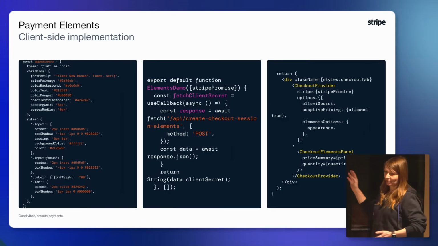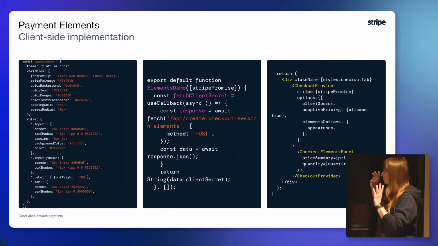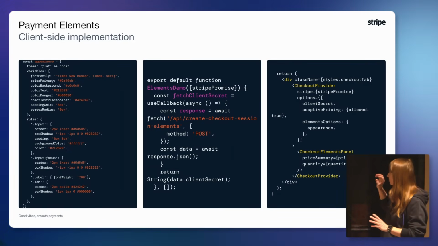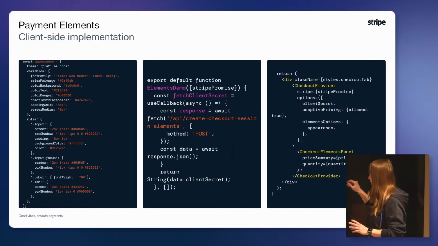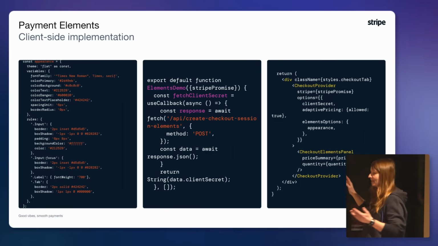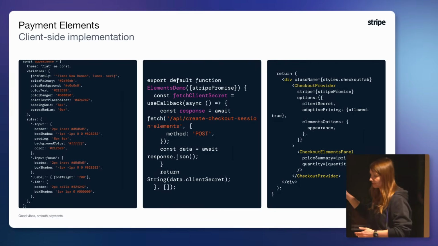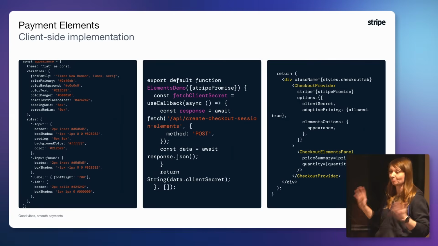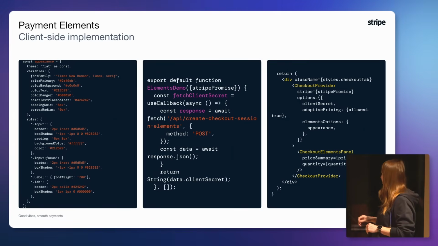So that's where the magic happens. That's where you're able to set all of the options. So you have fonts, you have colors, you can get into really minute details like the input padding or border colors and so on. So it's super powerful. You can really customize practically whatever you want there.